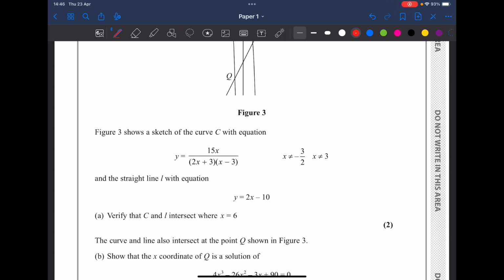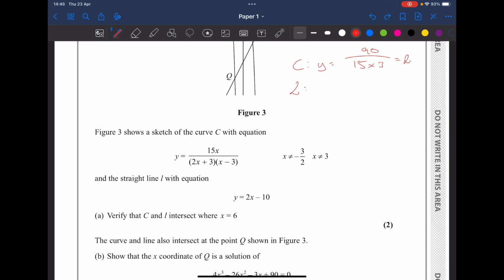So let's look at the curve to begin with. y will equal 15 times 6, which is 90 on the top. On the bottom, 2x would be 12 plus 3 is 15, and then times by 3, so that's 45 on the bottom. So that's going to be 2. And when we look at the line, I'll always do a capital L for lines because lowercase l is just, yeah.